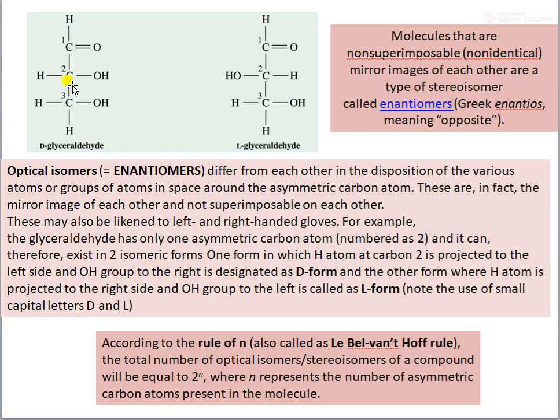So the C2 moiety is asymmetric in glyceraldehyde. But if you consider the C3 moiety, you can see that it is attached to H and H, which are both the same. So C3 is not asymmetric. So when you consider asymmetric or chiral moieties, you can see that the groups attached to that carbon could be arranged in two different orientations.